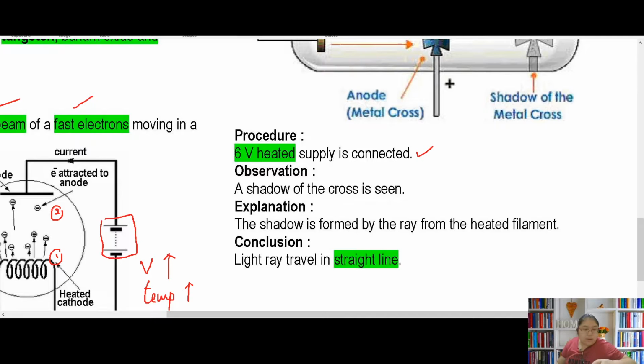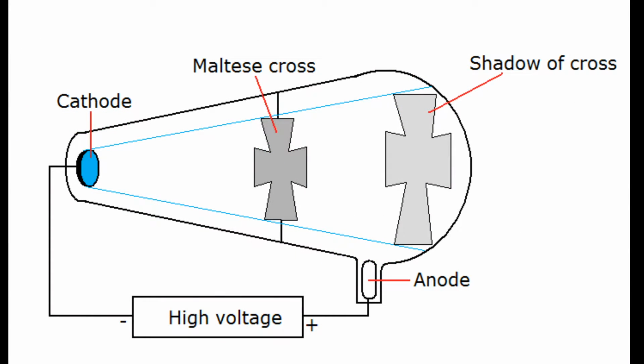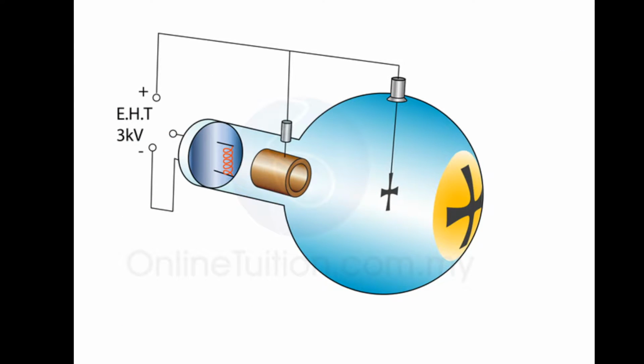Okay, this is an example. When I switch on, the Maltese cross blocks the center, and then you can see the shadow. This proves the cathode ray goes in a straight line. So when I switch on, you find the Maltese cross at the center.